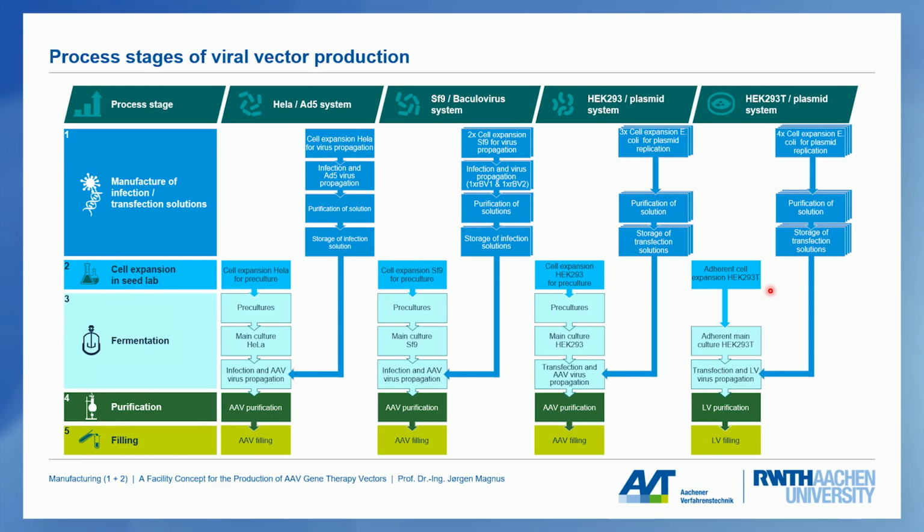I think the first three can produce in very similar equipment. In the first two cases, you have to consider virus inactivation a little bit more than in the last expression system, because there you're using plasmids rather than virus in the production. But essentially, it is very much the same equipment that can be used here.